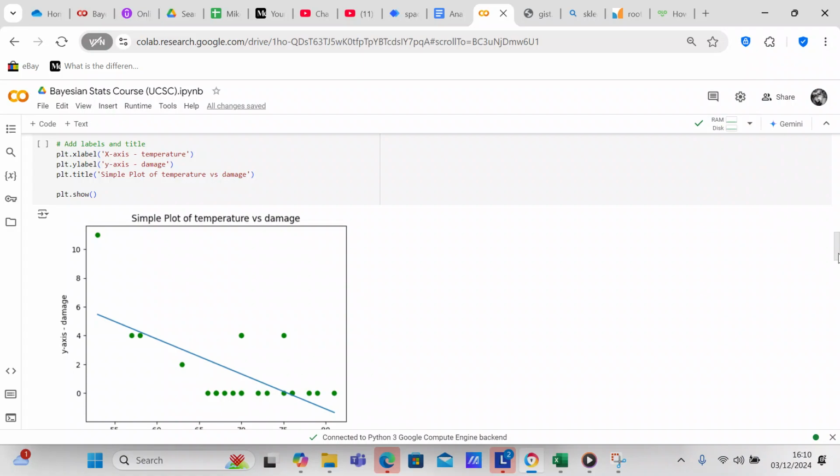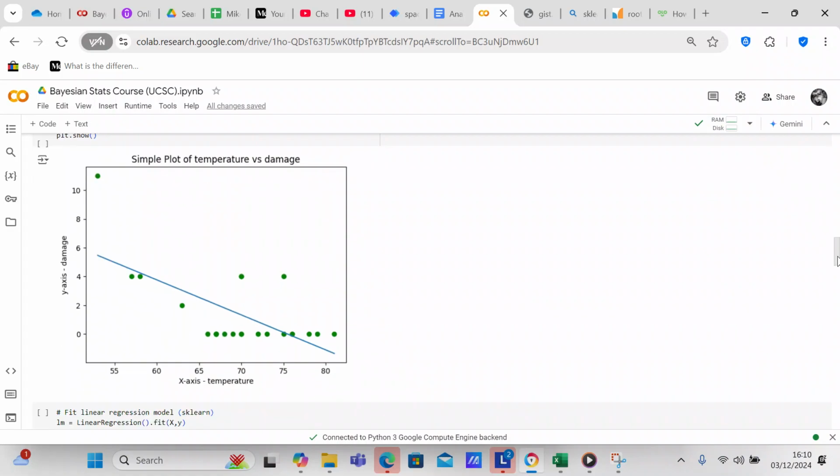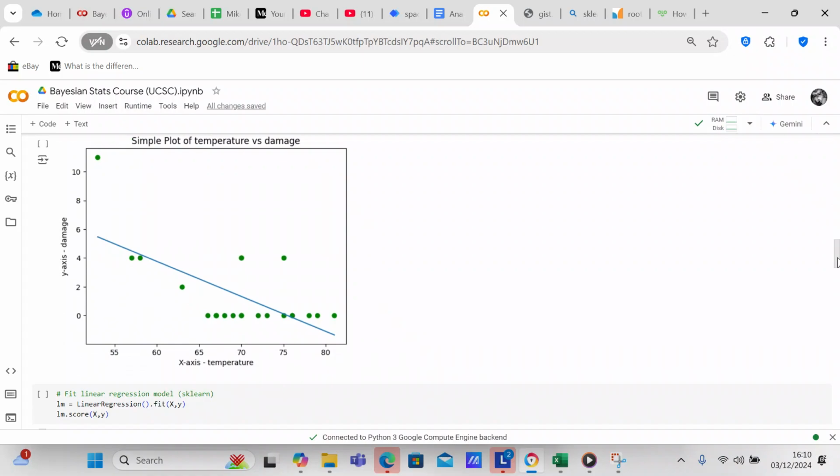So you can see here, the lower the temperature, the higher the damage, because at 55 degrees you had 11 O-rings damaged, and around 60 degrees you had 4 O-rings damaged. Around 65 degrees you had 1 O-ring damaged. Around 70 and 75 you had 4 O-rings damaged.